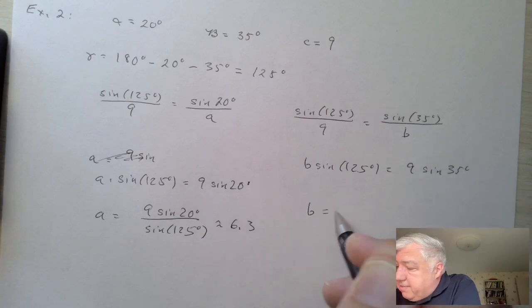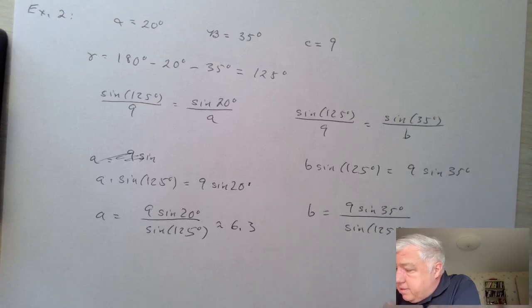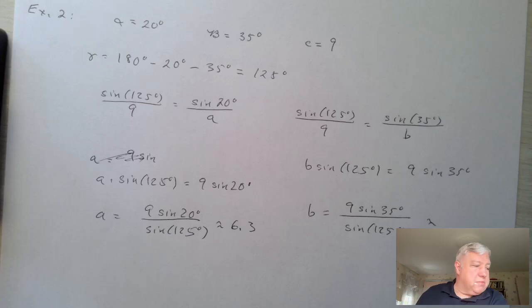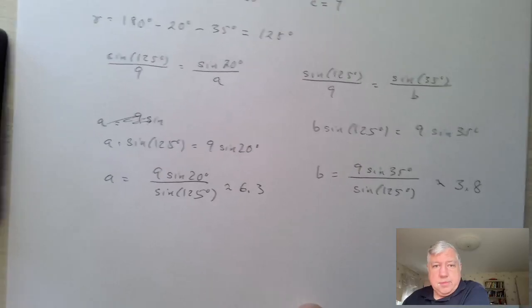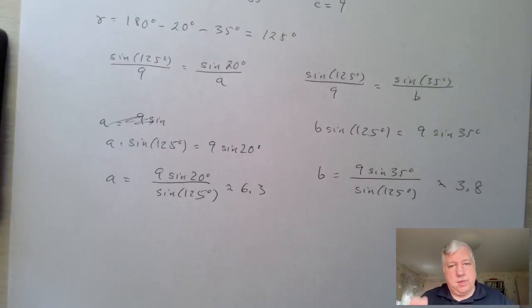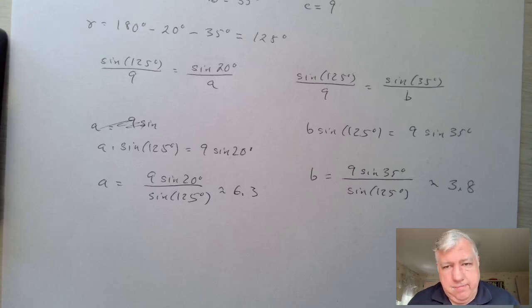So B is going to be 9 times the sine of 35 degrees over the sine of 125 degrees, which is approximately equal to 3.8. All right, so there you go. We'll look at some other examples in the next video.